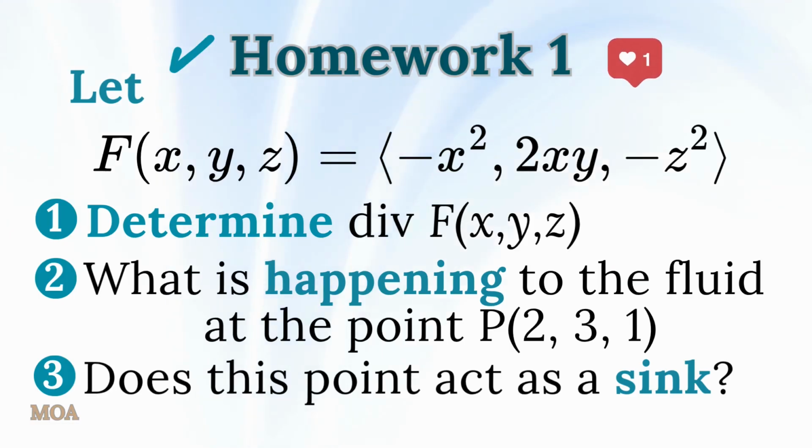Let capital F be the velocity vector field of a fluid flowing in 3D space, given by capital F of x, y, z equals the vector field, angle bracket, negative x squared, 2xy, negative z squared, closing angle bracket. First, determine the divergence of this vector field, then find what is happening to the fluid at the point P, 2, 3, 1. Does this point act as a sink?